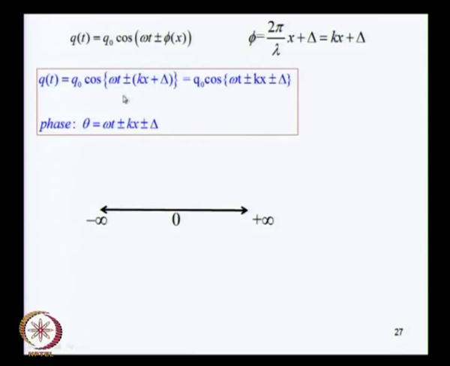So here you have phi equal to kx plus delta, and the total phase of the cosine function is this angle here, which has got a time parameter and a space parameter. The time parameter is scaled by the circular frequency omega, and the space parameter is scaled by k. Now this k is some appropriate factor in your linear harmonic oscillator.